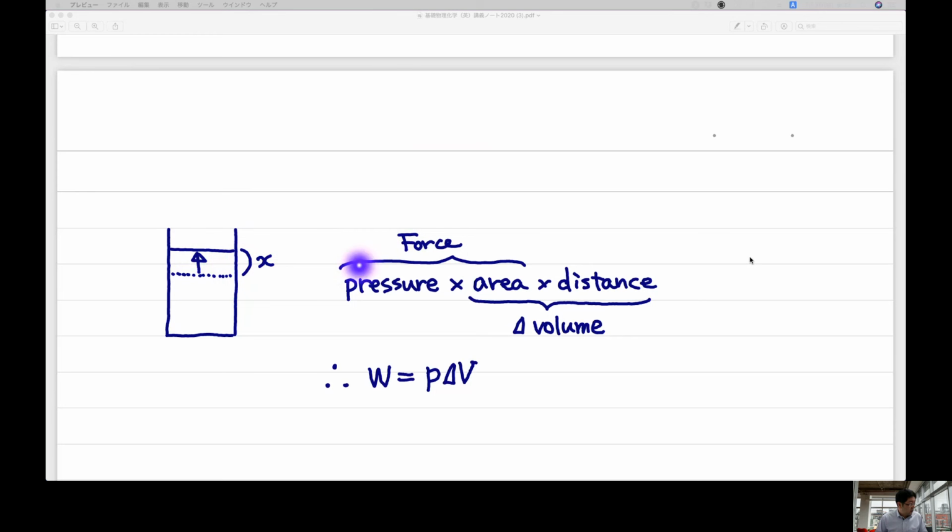So the force is pressure times area, and area times distance means the volume. So pressure times the difference of volume means the work in force times distance. Okay, so work equals pressure times the difference of volume. This is a very important idea.